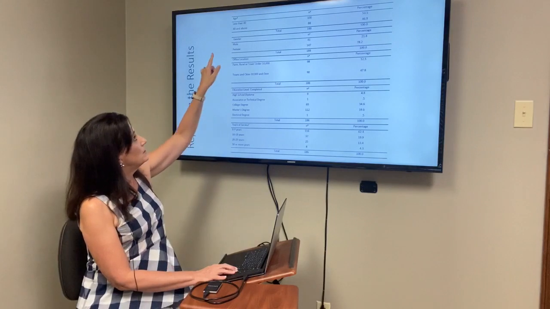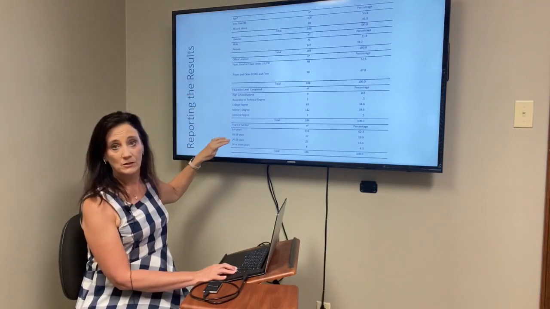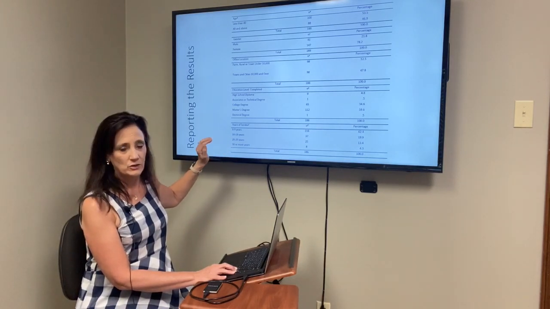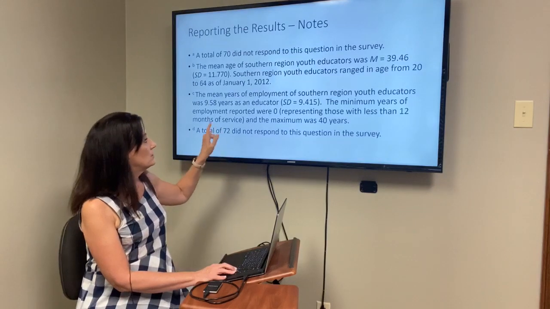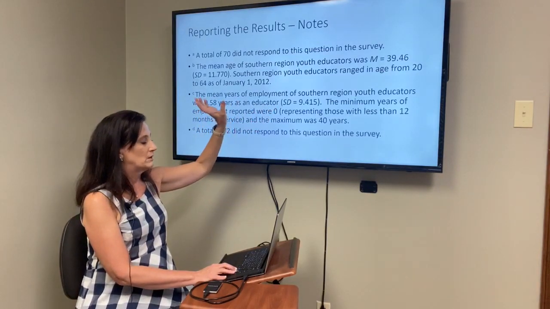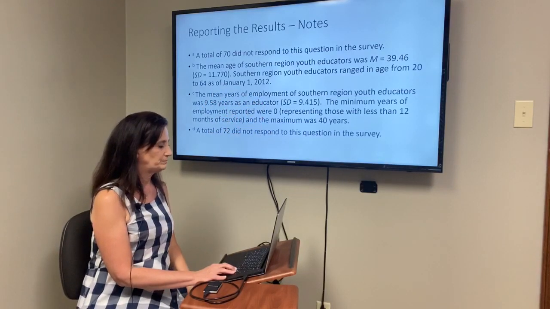You'll notice in this one that they divided the age and the years of service into ordinal categories. They didn't collect it that way. They actually let them write in the numbers. So we know what the mean and standard deviations are for age and years of service. We report that in a note.